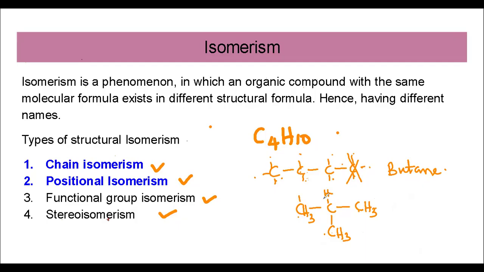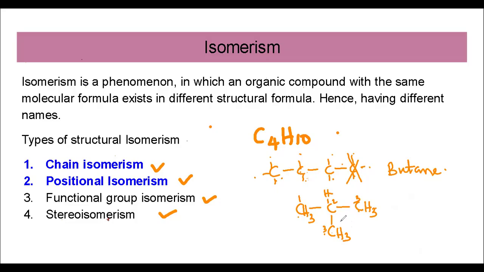You have 1, 2, 3 carbons. Either you're counting it down like this or you're counting it straight, you still have 3 carbons as the longest carbon-to-carbon chain. And either way, you still have your side chain on the second carbon atom.